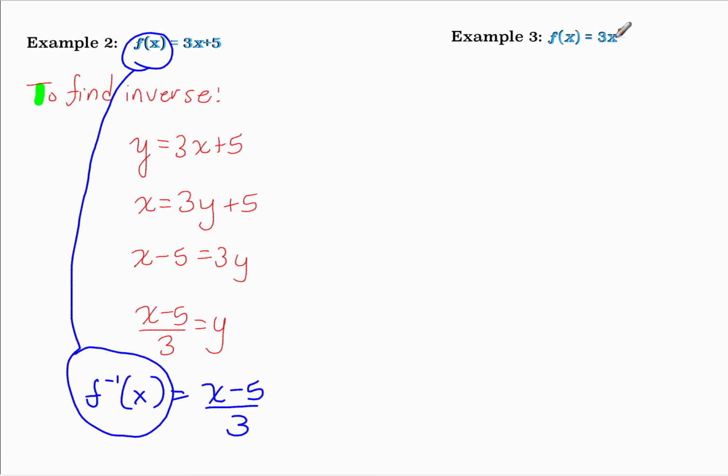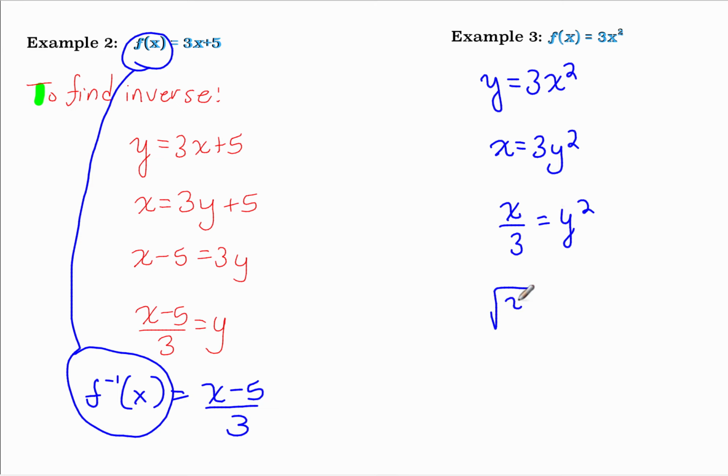All right, example 3. How do we take the inverse of this? Y equals 3x squared. All right, I'm going to switch x and y. X equals 3y squared. And now I have to solve for y. X over 3 equals y squared. And now to undo a squared, we square root.